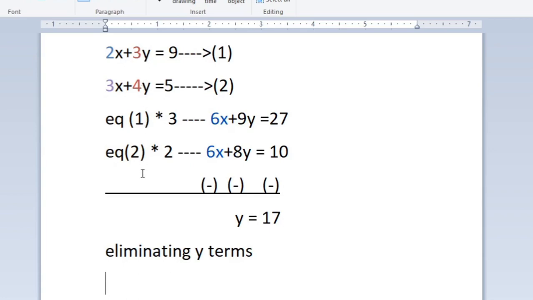Therefore for that, equation 1 is multiplied by, listen carefully, the coefficient of y in second equation. Why? Because we are eliminating y terms. Therefore you have to multiply with y coefficient only. Therefore into 4.